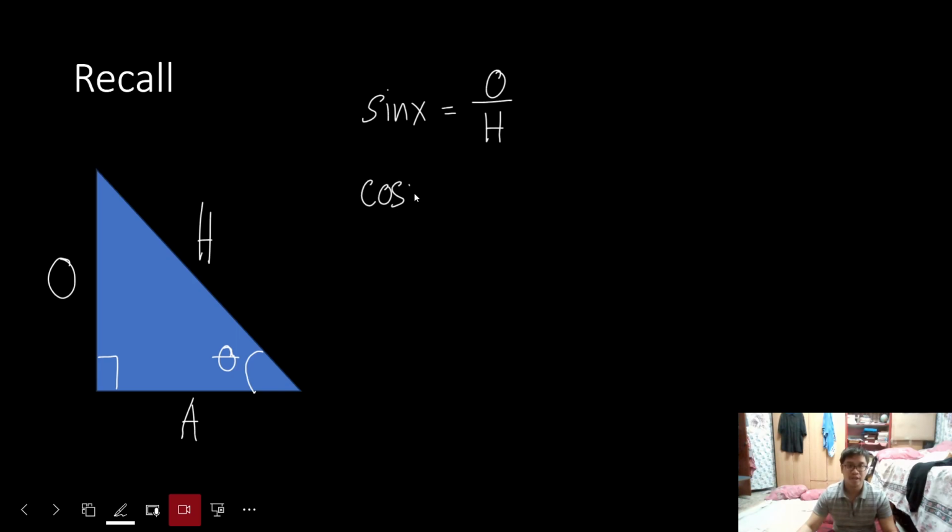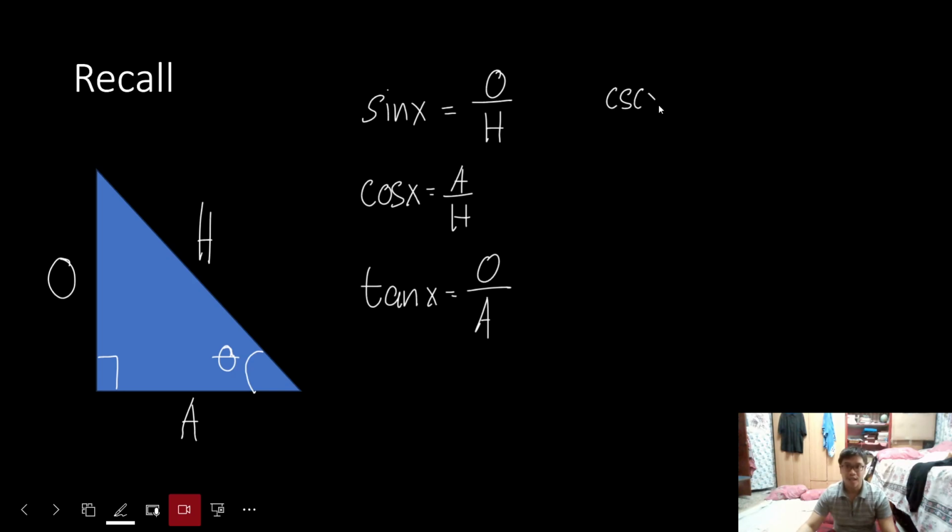We also have cosine x, and if you recall, it is adjacent all over the hypotenuse. We have tangent x, which is opposite all over adjacent. We also have three other trigonometric ratios, which are the reciprocals of these ratios.